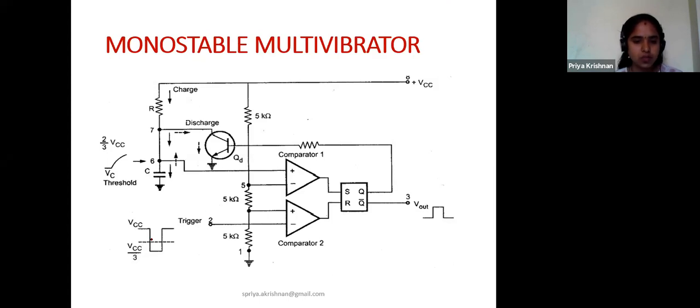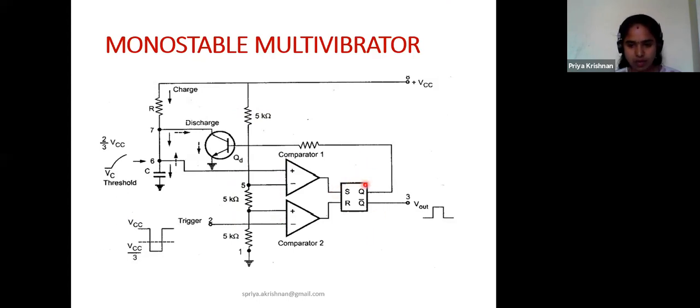I'll start from this point. So, in the internal structure of IC 555, we had a potential divider, that is three resistors, 1, 2, and 3. We had two comparators, 1 and 2, and then we had a flip flop.